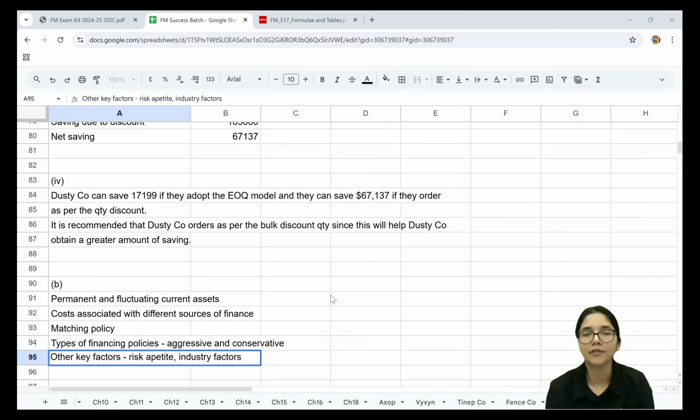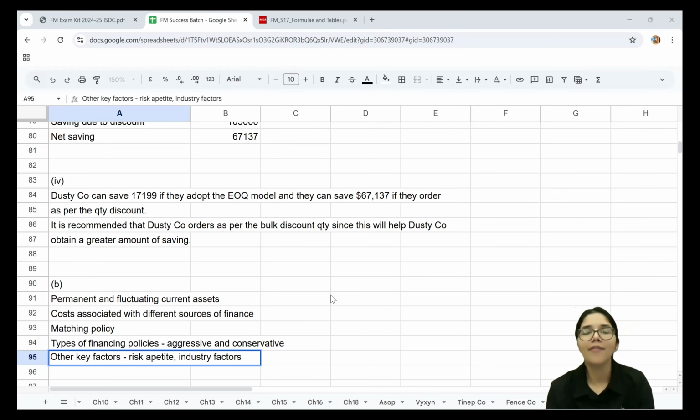Upward. The normal yield curve. Upward sloping. Why? Because the more the duration, more will be the interest. But if in some economy, for some reason, the yield curve is downward sloping, then the opposite is going to be happening. Long-term debt will be cheaper, short-term debt will be more expensive. So then the strategy of the business will change accordingly.